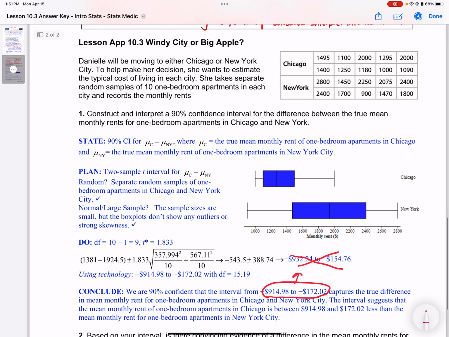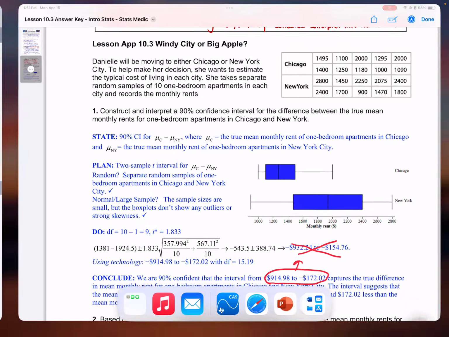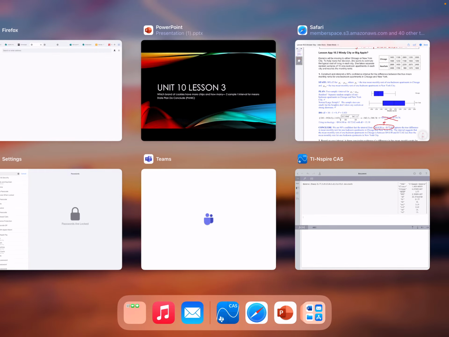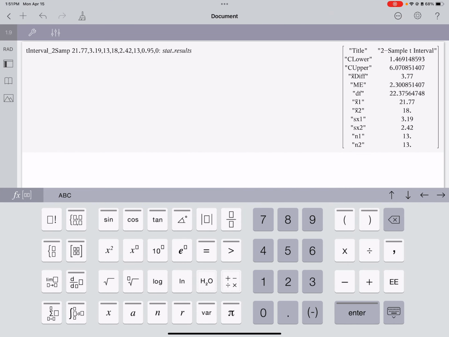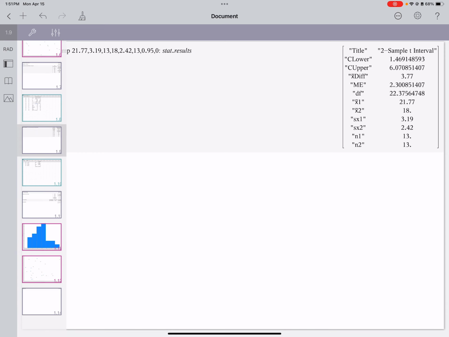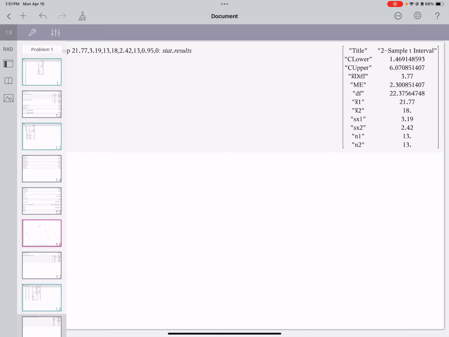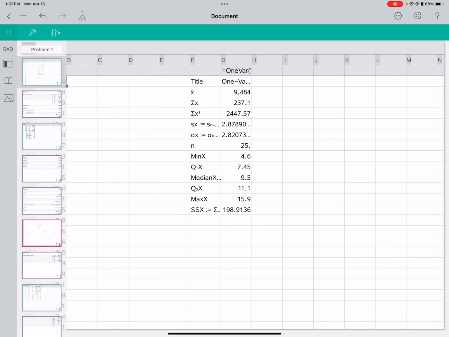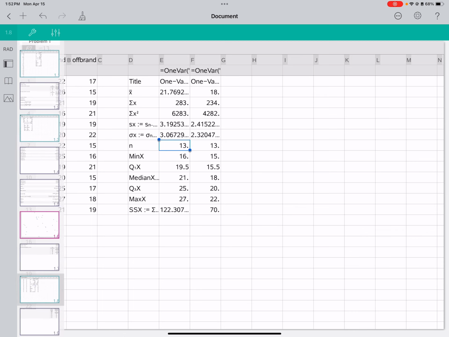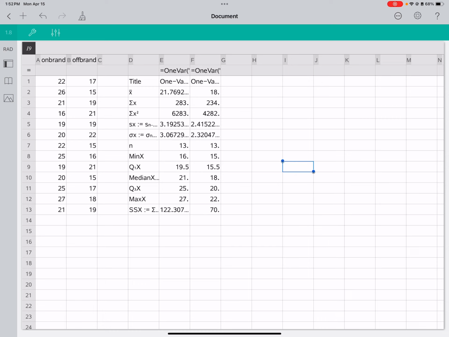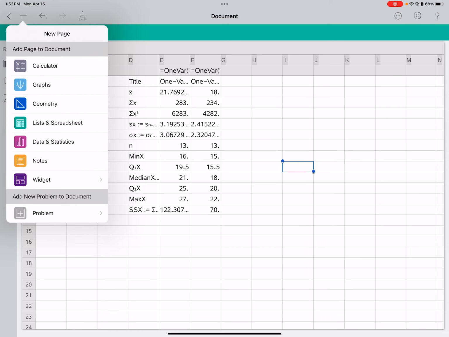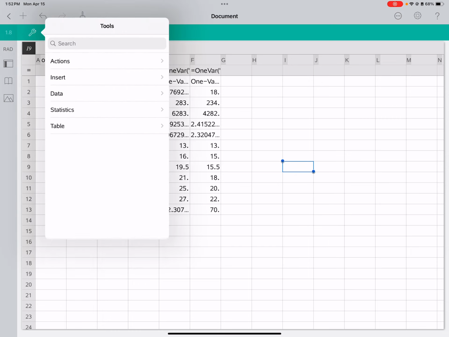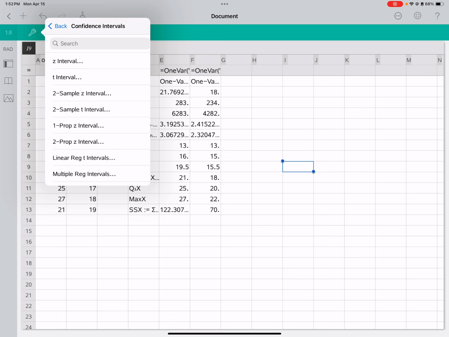I'm going to show you one more trick. Since we already had data in here, labeled on brand, off brand, you can also do menu, stats, interval, and then two sample t interval.